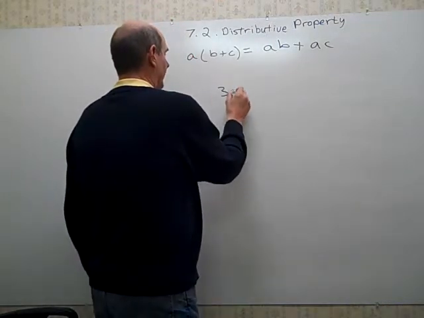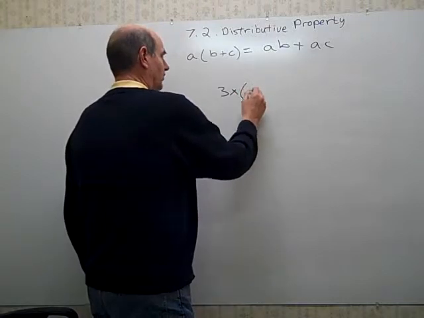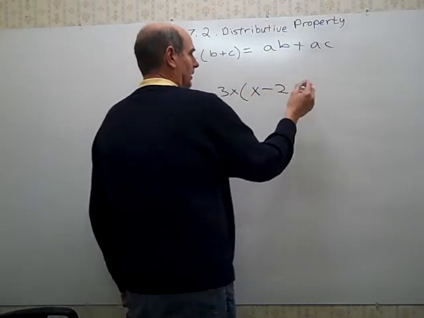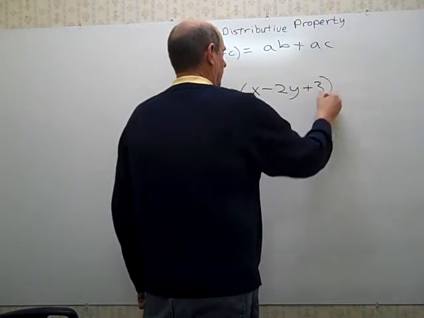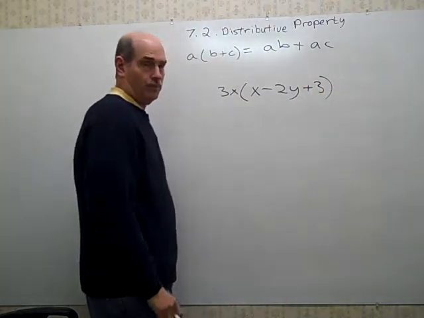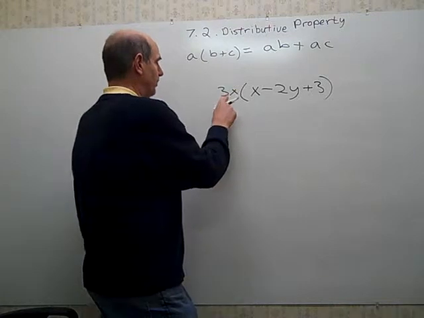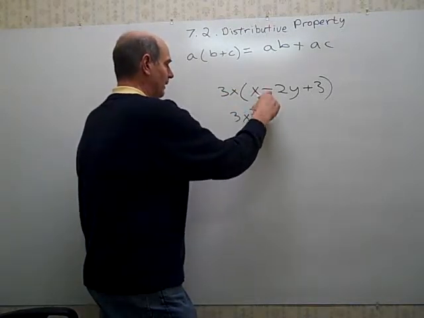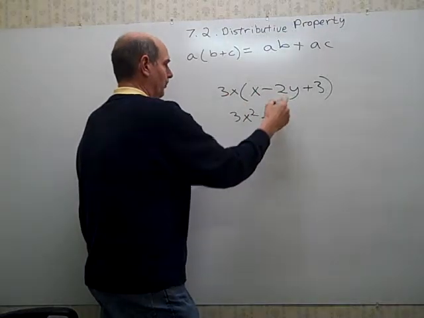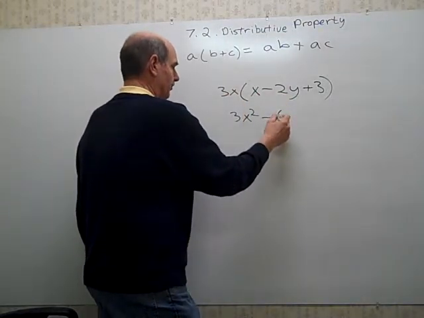If we have 3x as the factor, and there's nothing wrong with having a combination of things here, it doesn't have to just be 2 add-ins. It can be 3 things combined with addition or subtraction. So this would be 3x times x, which is 3x to the second power, minus 3x times 2y. 3 times 2 gives us 6.